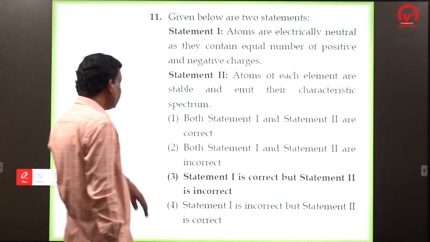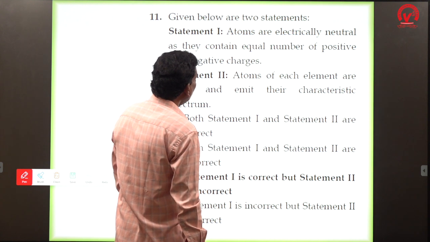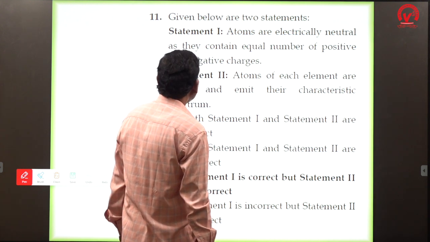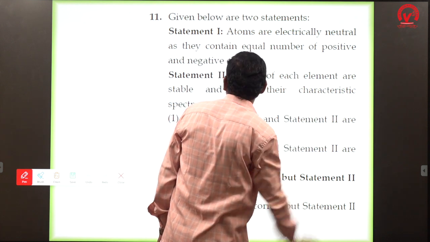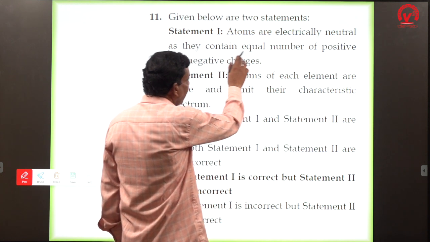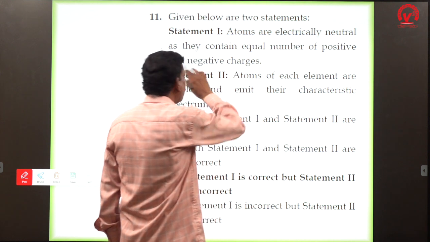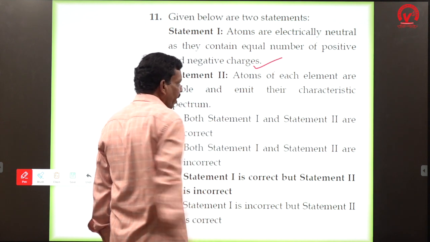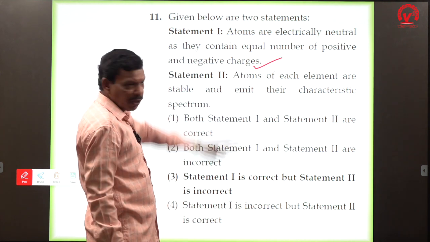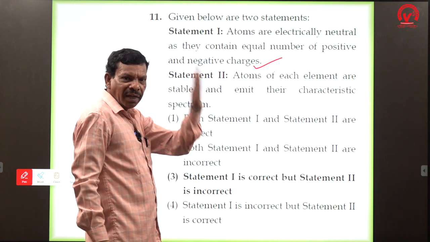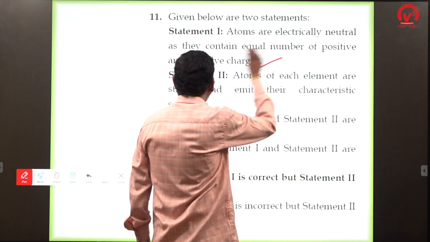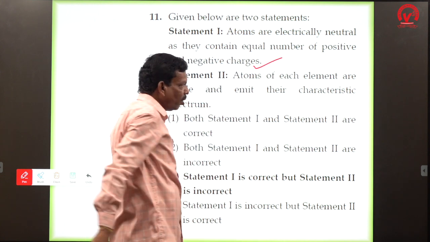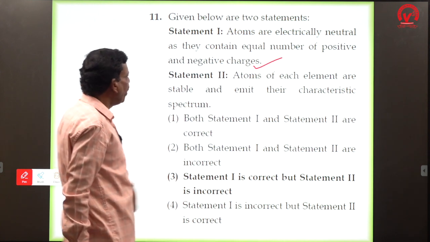Next question number 11. Given below are two statements. First, atoms are electrically neutral as they contain equal number of positive charge and negative charge. Okay, exactly correct. So an atom is always neutral and the number of electrons is equal to the number of protons. They given equal number of positive charge and negative charge, so absolutely it is correct. Statement 2.